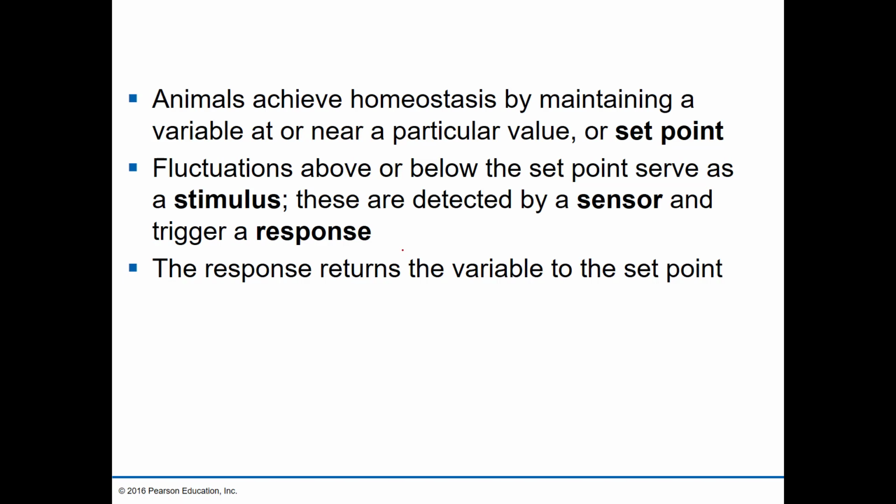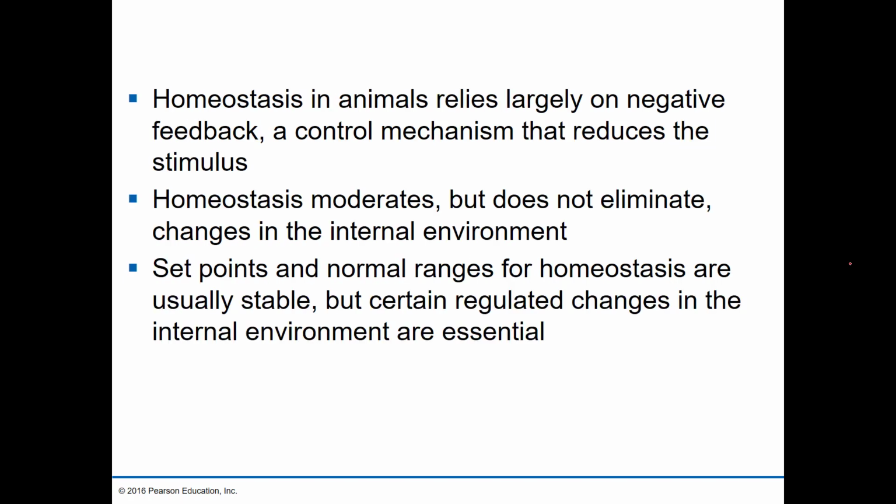But once it gets beyond that ideal range, you're either too cold, something's going on that's not right, or more likely for people, you have a fever and you're way too warm. When you fluctuate above or below a set point, that is considered a stimulus. That is detected by some sort of sensor which will elicit a response. The response returns the variable back to the set point.